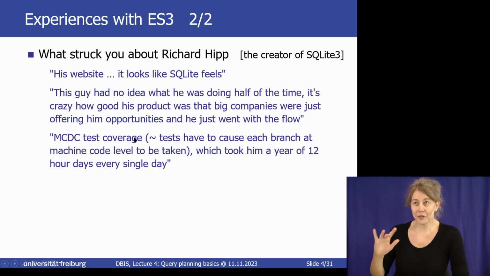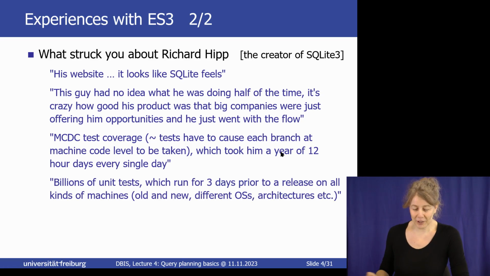And when you do that, then you're essentially bug-free. At some point, SQLite did that, and it took him a year, full working days, to solve this. It was very exhausting. And after that, they essentially had no more bugs.